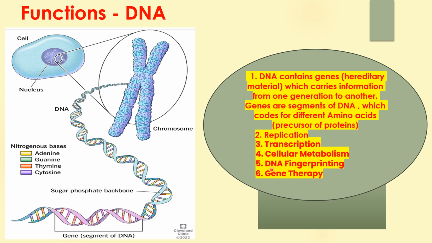That's identification of a person based on DNA fingerprinting, as we all know. Gene therapy means a missing or damaged DNA is replaced by a healthy DNA to cure a particular disease. So these are the functions of DNA.